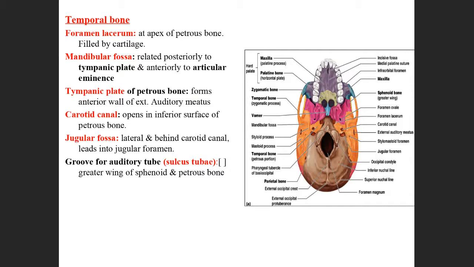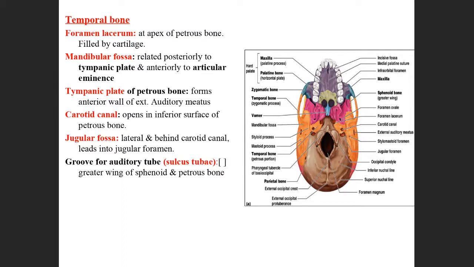These foramina are very, very important. You have to remember these foramina, these structures, and what structures come through these foramina. Okay, foramen lacerum. Where is it present? At the apex of the petrous bone, and then the mandibular fossa.